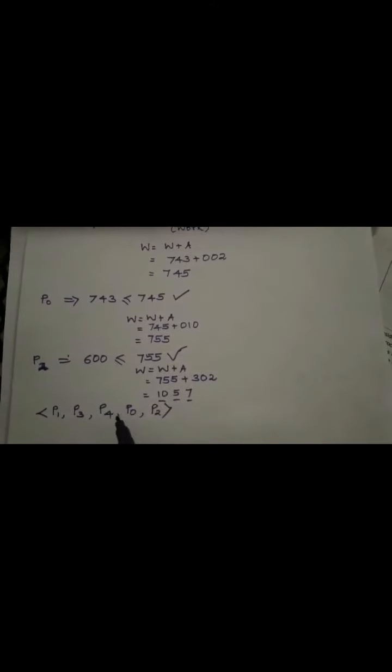Earlier work was 7, 4, 3, and the allocation of P4 is 0, 0, 2. So the new work is 7, 4, 5. So this P4 will be added to the safe sequence.